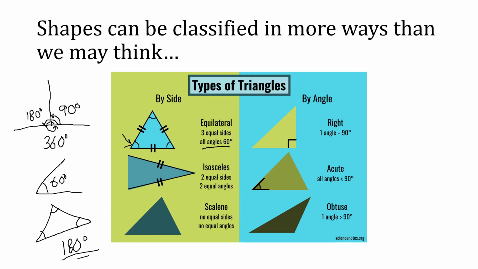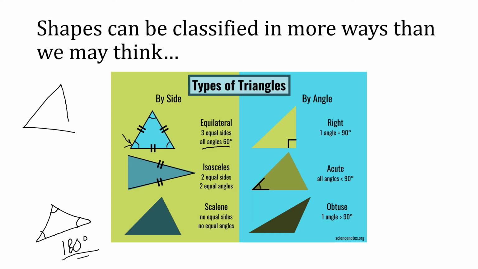Now, this doesn't answer what the tick marks mean. So let's explain that really briefly so that we can use it to describe the rest of our shapes. Basically, it doesn't matter how many tick marks there are.